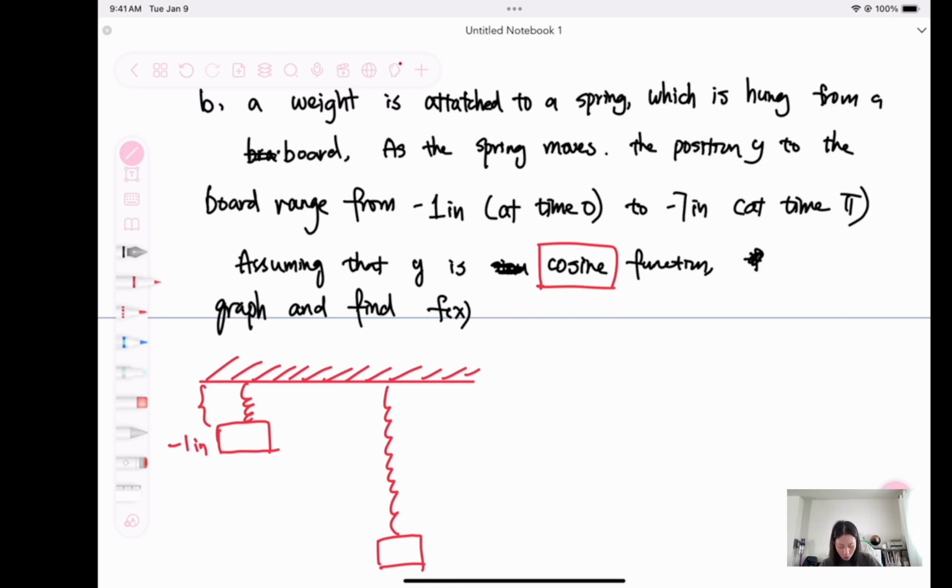You get to this part, and the position here is negative 7 inches. Okay, so that's the idea. During the motion, after the ball goes to the lowest point, it moves back up to the top, just like how we see it. So that's the movement of the spring.